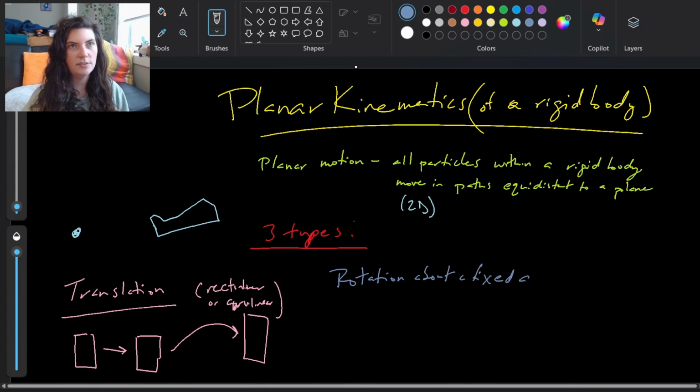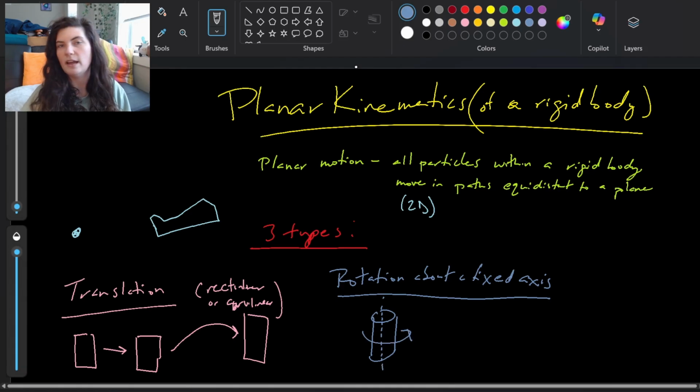That one kind of gives it all away right in the name. Rotation about a fixed axis. So if I have a rod, and it's going to rotate about its center, that would be one example of rotation about a fixed axis.